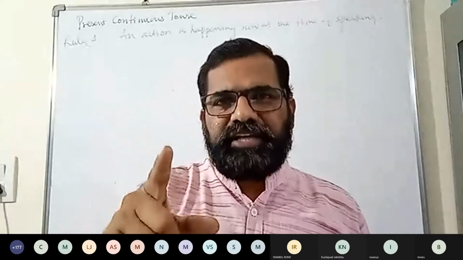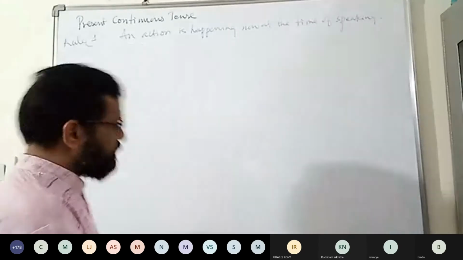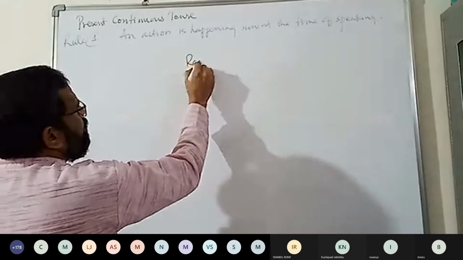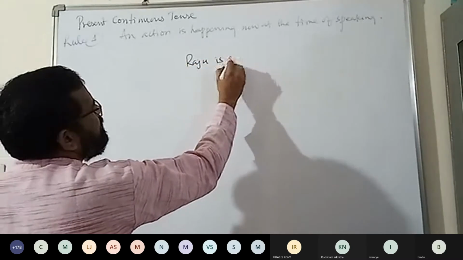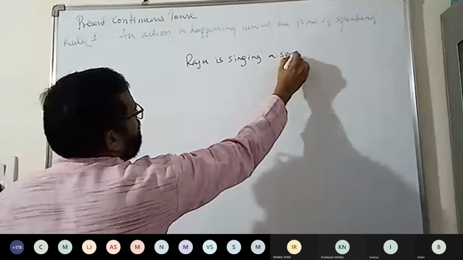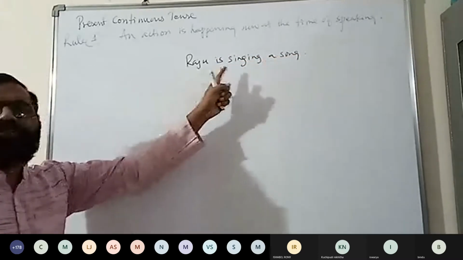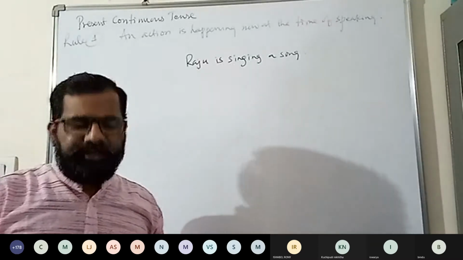Please change that into negative, yes or no question, and WH. Raju is singing a song. Please change this into negative, yes or no question, and WH question. Please try.